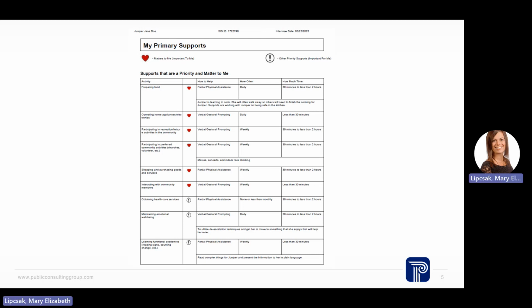The heart icon represents an activity that matters to the individual or that is important for the individual. The exclamation mark with a circle icon represents other priority supports and what is important for the individual. Later, the report will provide details of each activity.